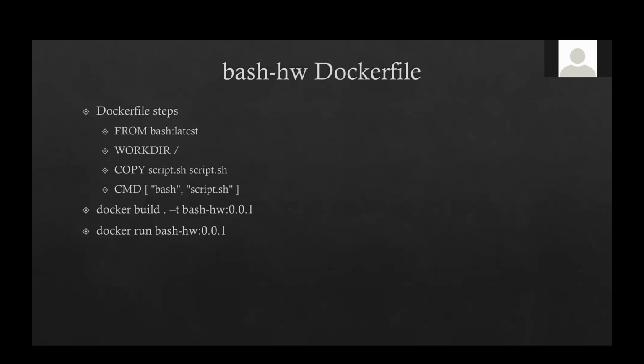And this is for the execution of Docker build, not for Docker run. It's not when you're running the container, it's when you are building a container image. So work directory tells Docker the location on which you are going to put your resources. So that's the work directory.